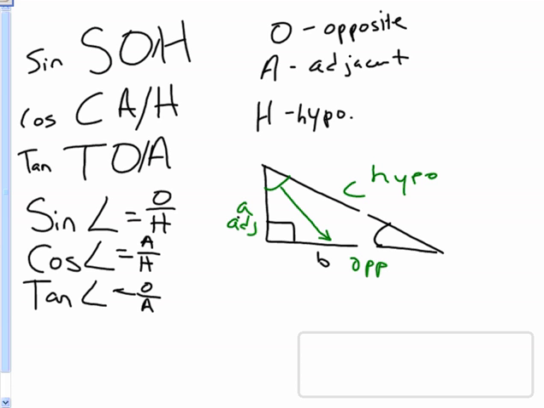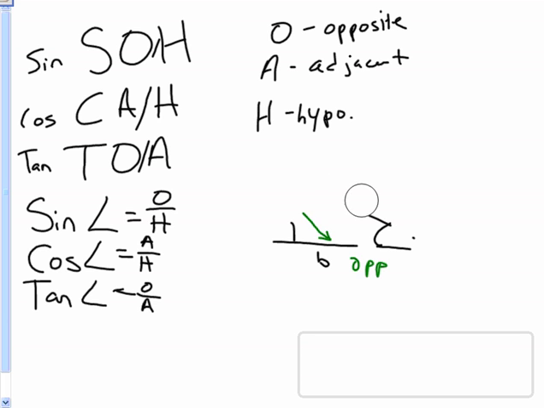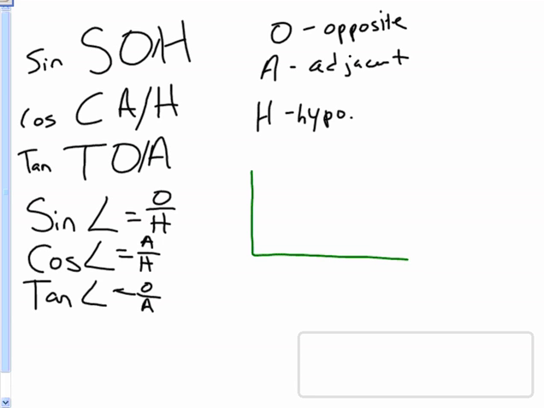So let's do one. Let's make up a problem. If I said this was 30 degrees, and that's a right angle.